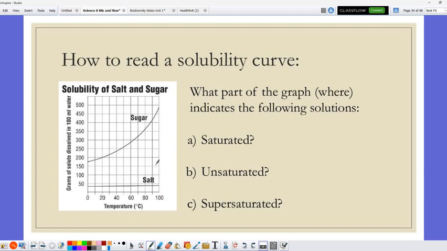Why don't we go past 100? Because past 100, we're now into boiling. So then we're not talking about saturated. Now, probably at this temperature, that would be supersaturated. Okay, and so if we slowly let it cool, some of the sugar might fall out of that solution.